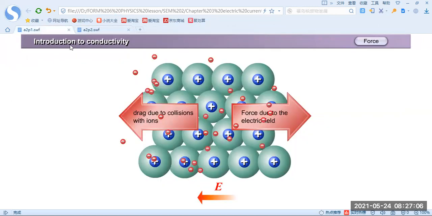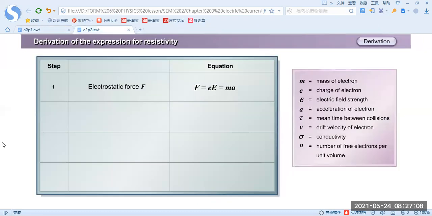We notice that the electric force F is equal to eE, which equals ma. We want to derive the resistivity.